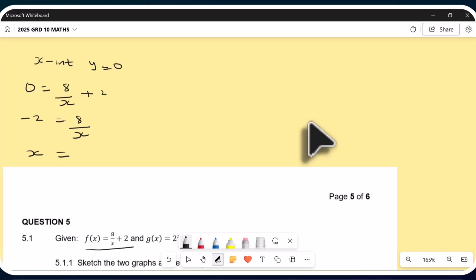So the hyperbola is f(x), and then the exponential is g(x), my friend. You can take a screenshot now. Are you done? Can we proceed now?